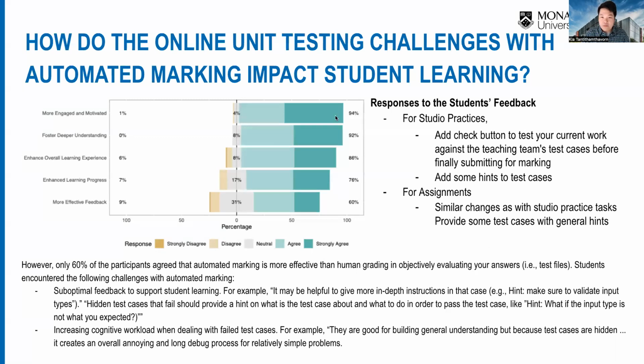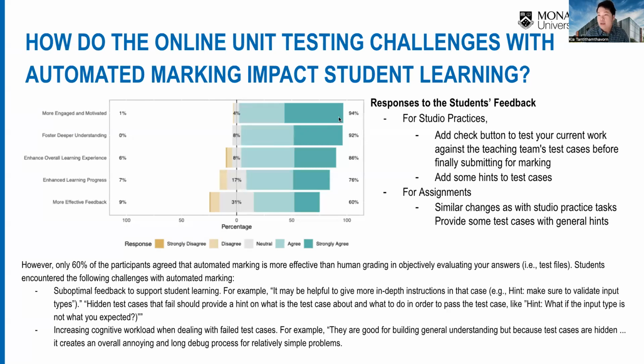We found that 94% of the students felt that these unit testing challenges keep them more engaged and more motivated, and foster a deeper understanding of unit testing concepts. And 86% of the students found that they enhance the overall learning experience and help the learning progress.